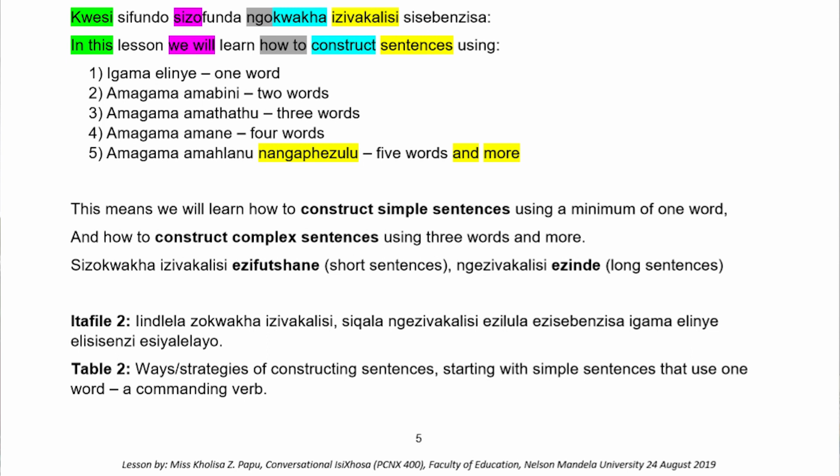So, below we have table number 2. Table number 2 presents ways and strategies of constructing sentences, starting with simple sentences that use 1 word. And that one magic word is a verb.